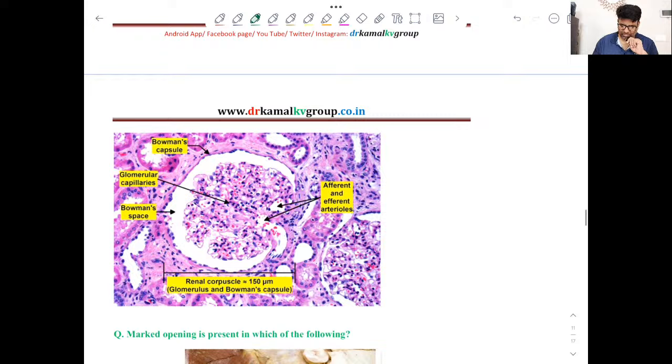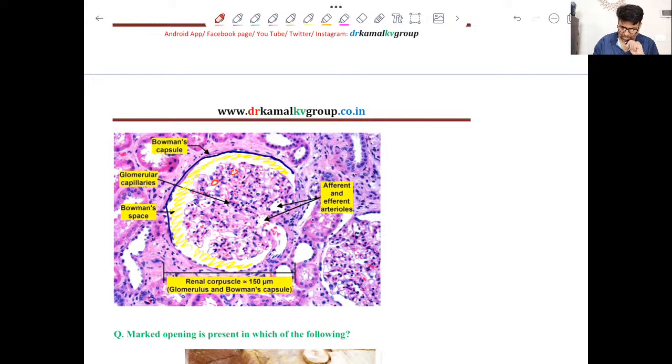So here we can see this is the Bowman's capsule, okay, right, and then we have the Bowman's space. This is all Bowman's space, okay, and then we can see the capillaries inside.